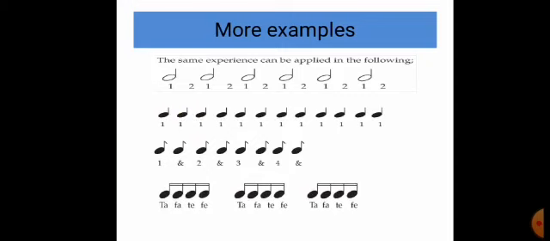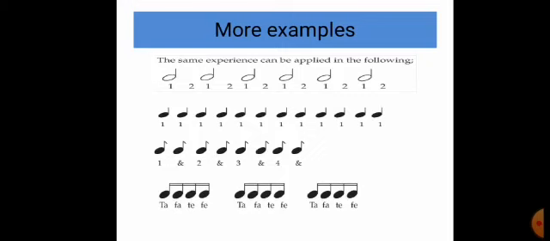It means quavers will therefore go this way: 1 and 2 and 3 and, while crotchets will go this way: 1, 1, 1. Then minims: 1, 2, 1, 2, 1, 2. Again, these are quavers.